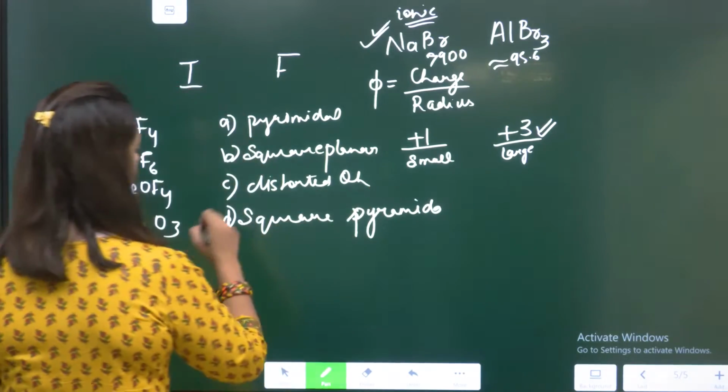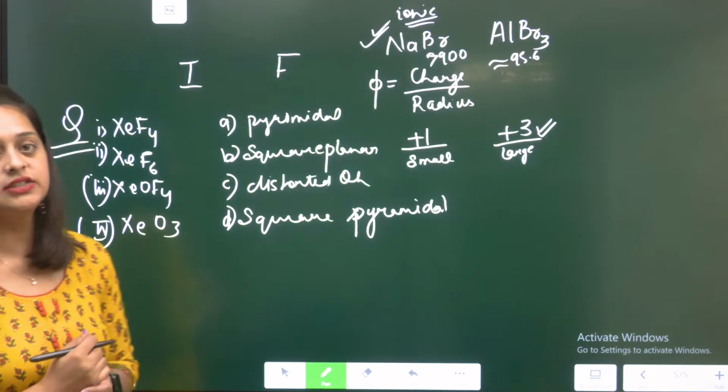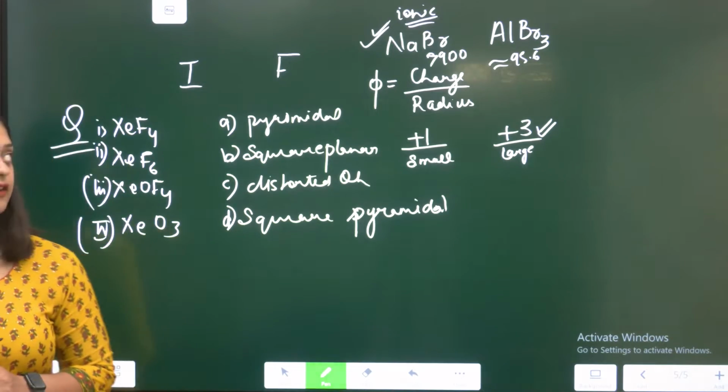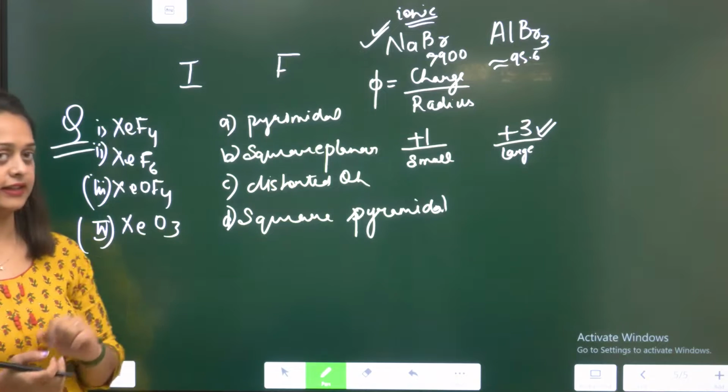So you need to match the following, that is, which shape will it have? XeF4, XeF6, XeOF4 and XeO3.